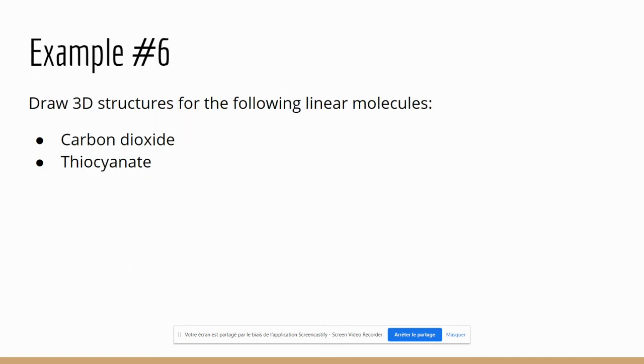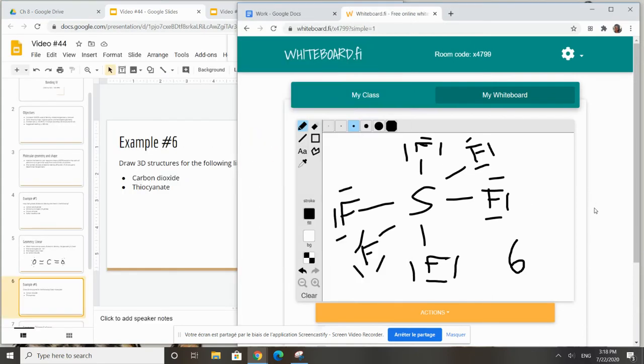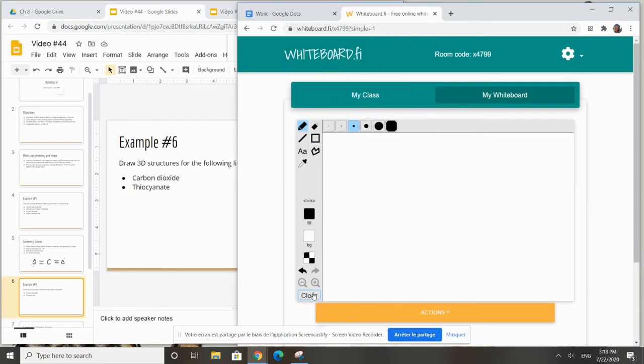Pause here. All right, so carbon dioxide was already in your notes. For thiocyanate, you're probably going to need to look this one up on your periodic table. It is just SCN minus.